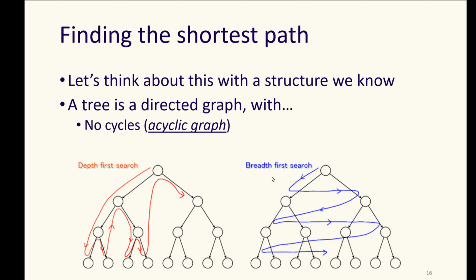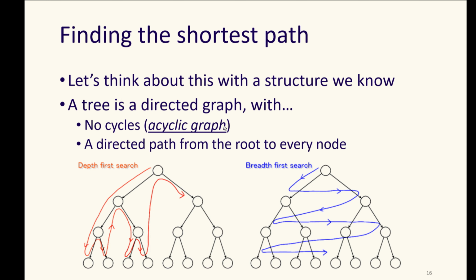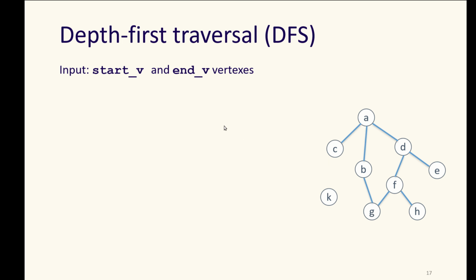Because a tree is a directed graph with no cycles, meaning that you can't loop back to the root, and it has a directed path from the root to every node. So coming back to graph territory, if we take the input of some starting vertex and an ending vertex, we can try a depth-first traversal, much like the depth-first example we saw in the tree.